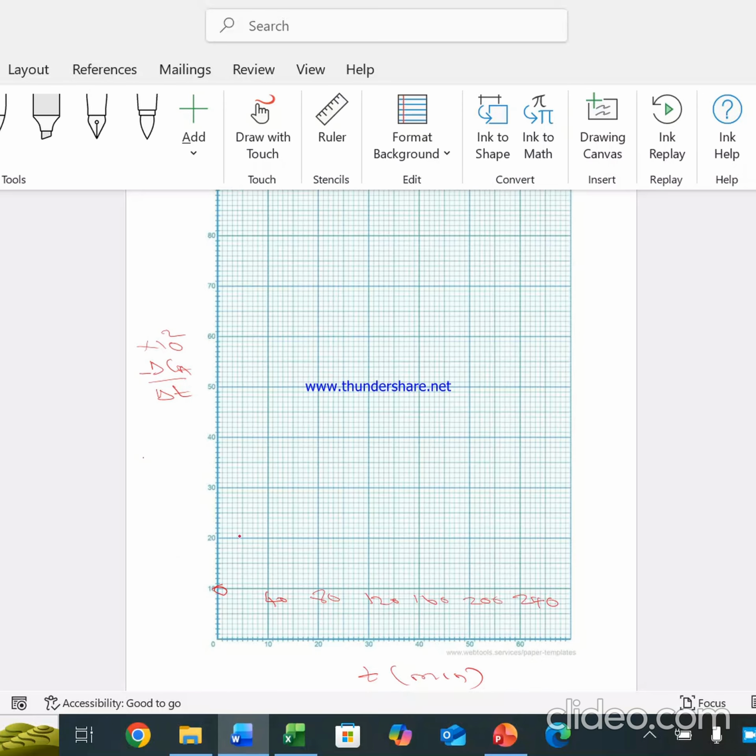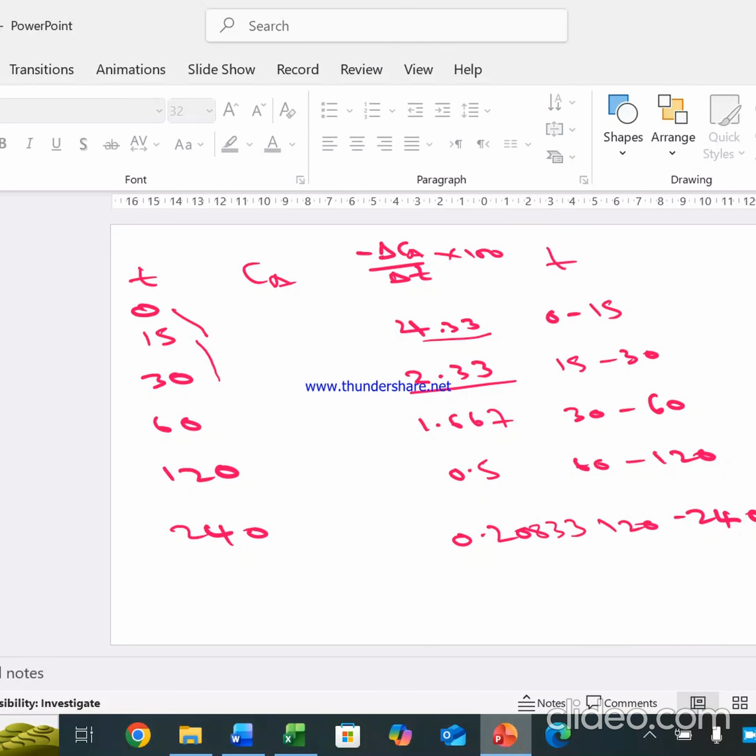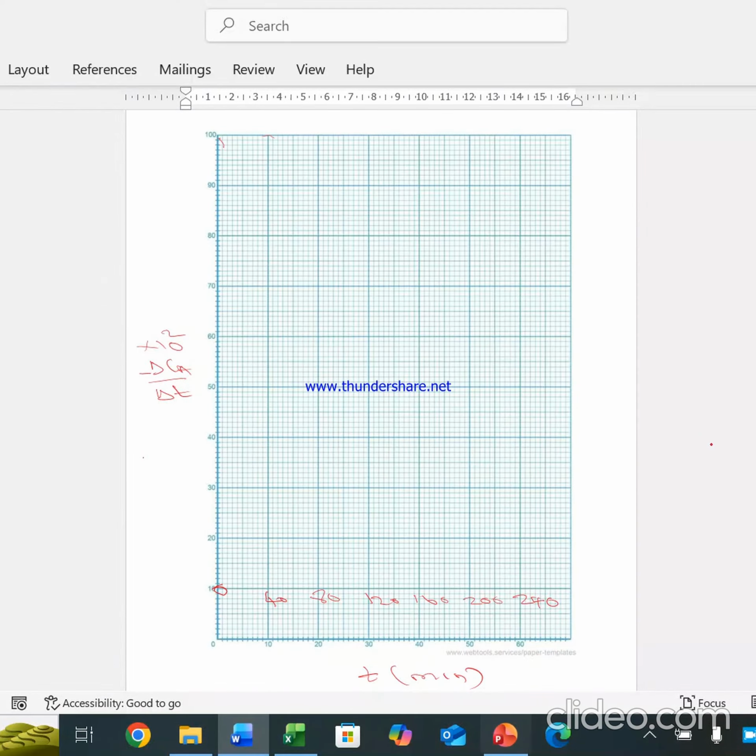Along the y-axis, since the value is between 0.2 to 4 point something, I would rather want it to be 0.5 for every 2 boxes.